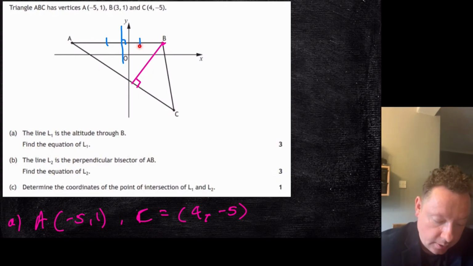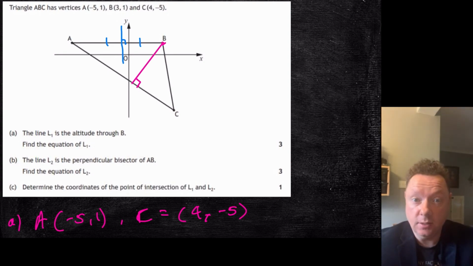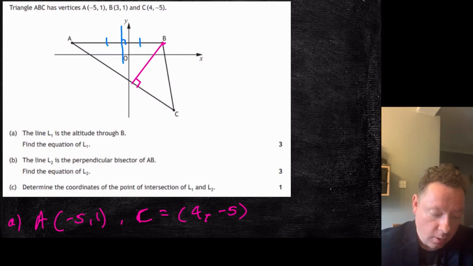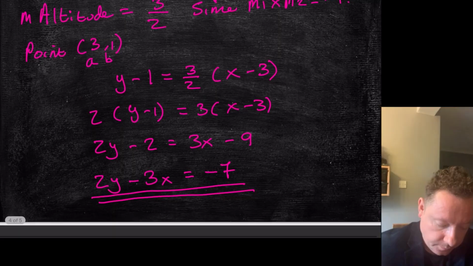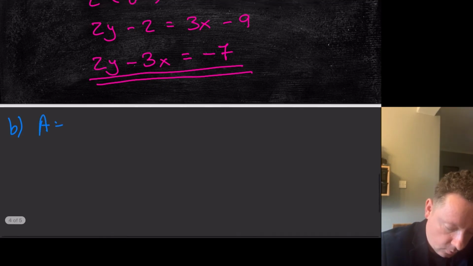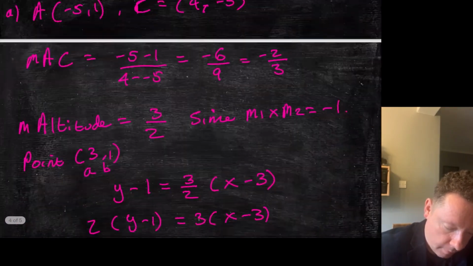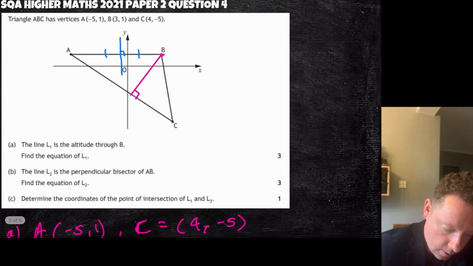If you look at A and B, it does look horizontal, and it is because the second coordinate is 1 on A and 1 on B. So if it's horizontal, the gradient of AB is automatically 0, and therefore the perpendicular bisector is vertical. So we can just say that. So for part B, A is equal to minus 5, 1, and B is equal to 3, 1.